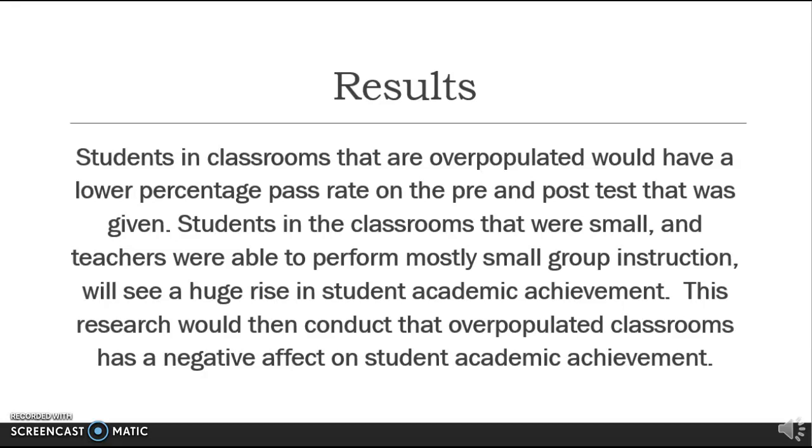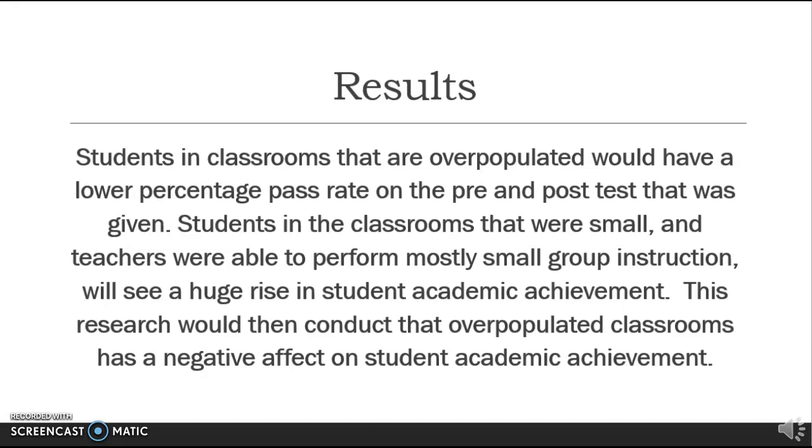When teachers are allowed to have smaller classrooms, it allows teachers to teach more in small group, which is where differentiated instruction comes in place because all students learn at a different pace. They learn in different ways. So small group instruction is the best option to meet all the students' needs in the classroom. So if teachers are allowed to do that, there will be a rise in student academic achievement.